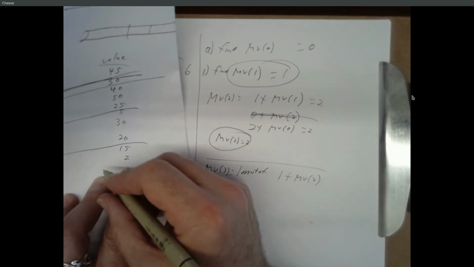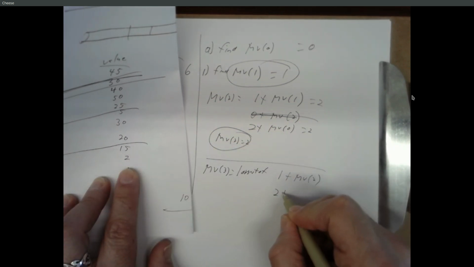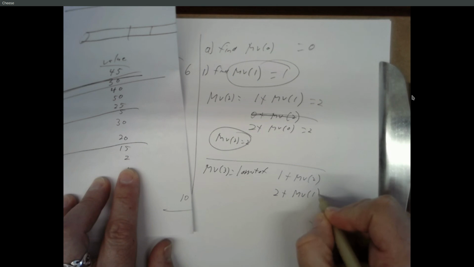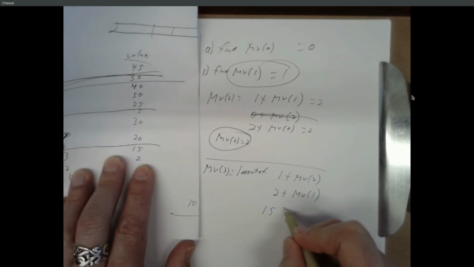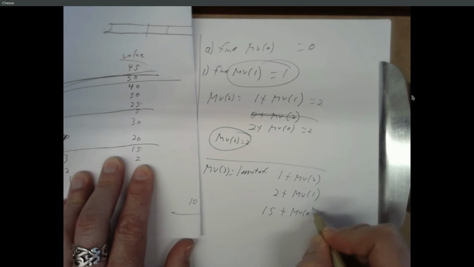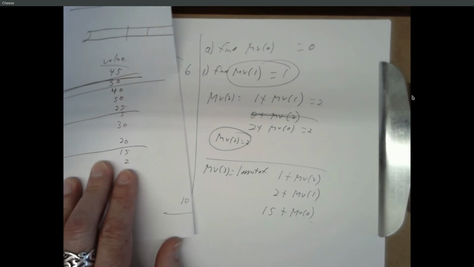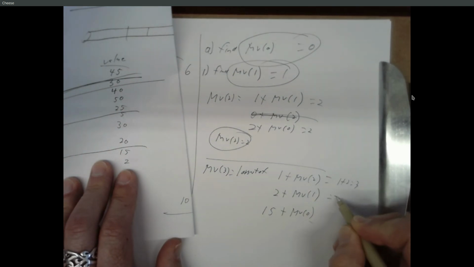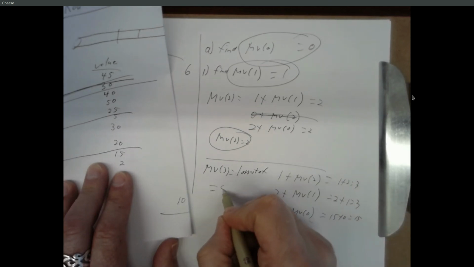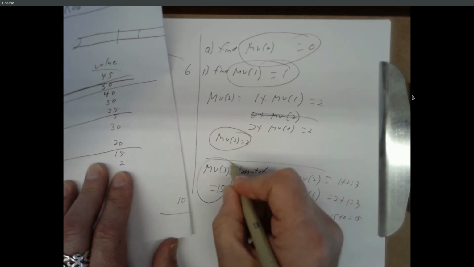Cut off a 2 inch piece, which gives us a value of 2 and leaves us 1 inch. Or cut off a 3 inch piece, which gives us a value of 15 and leaves us 0. And we've got max val 0, 1, and 2 already. So this is 1 plus 2 is 3. This is 2 plus 1 is 3. This is 15 plus 0 is 15. So max val of 3 is 15.